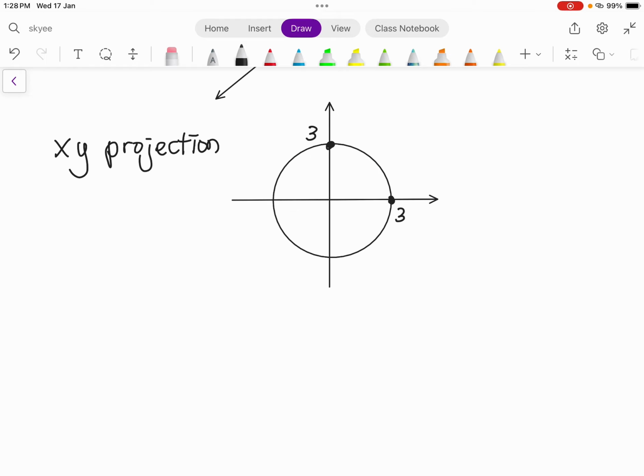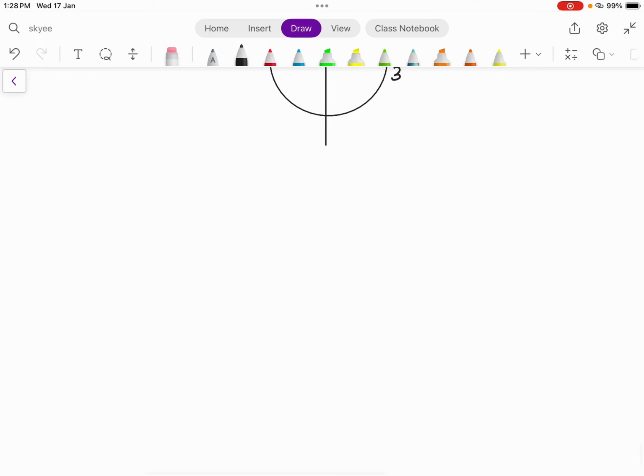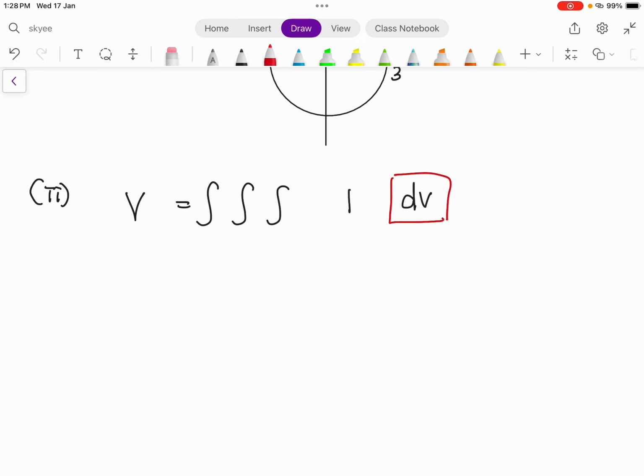So we go to question number 2, which is to find the volume by using the triple integral. Volume we can solve using triple integrals, dV. The first question is what coordinate system you want to use. We have tried similar questions in our class.